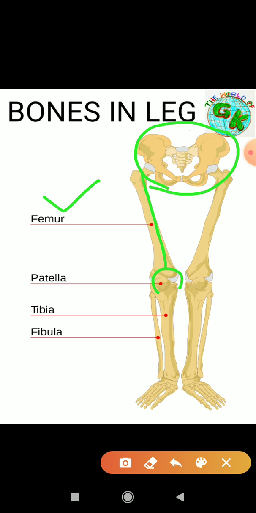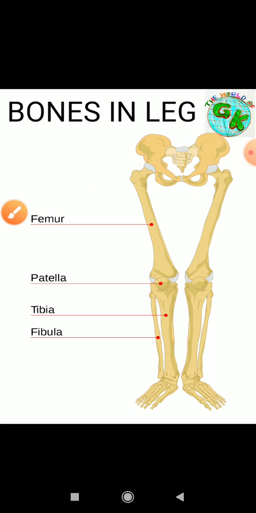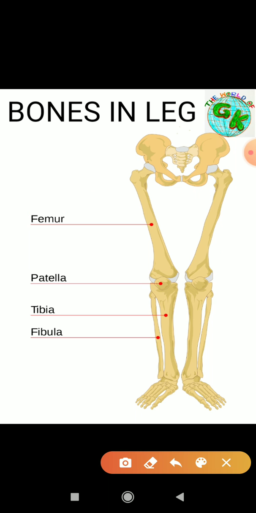Patella is the flat bone on the knee. Next is tibia and fibula. Tibia is the thick bone in the lower leg and fibula is the thin bone in your lower leg.